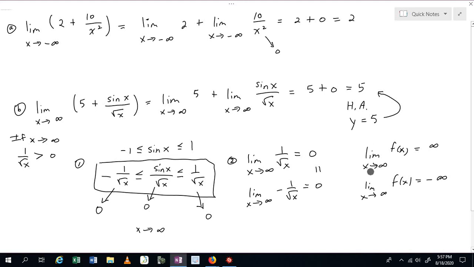When you're finding a limit at infinity, you're not guaranteed that it would be equal to a finite number. It is possible that you could have a limit at infinity that actually ends up being infinity or negative infinity. And so we'll look at those cases in the next video.